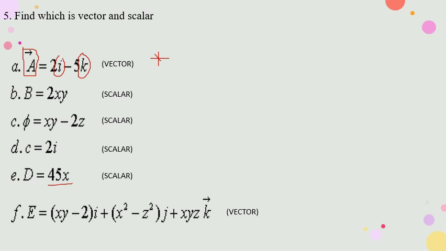Then we know that this equation is only asking for x here, so it's a scalar because it doesn't have any direction. So for E it is a vector, because we can see that this i, j, and k have the arrow, which means it is a vector here.